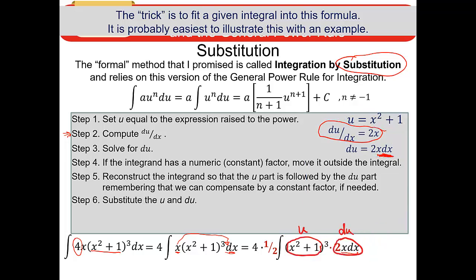So once you get it just right, you can see the u is the x squared plus 1 part, and the du is the 2x dx part. So you can just get rid of all your x's, and it turns the problem into the integral of u cubed times du with a 1/2 times 4, which is 2, out front.